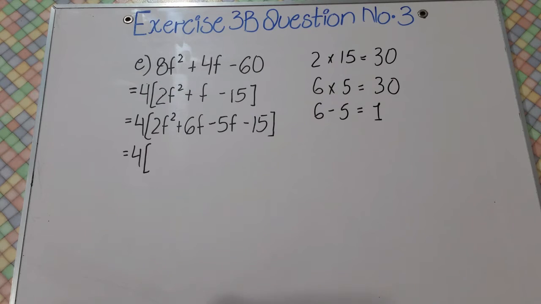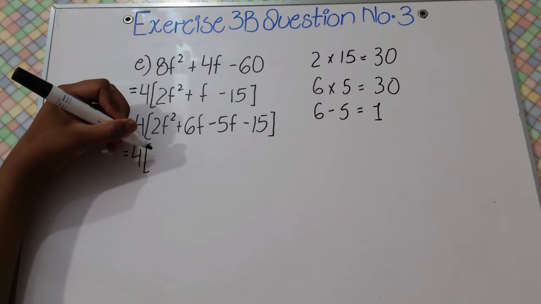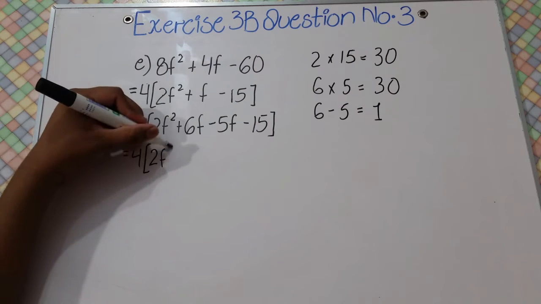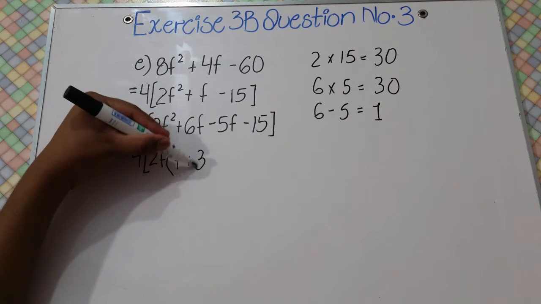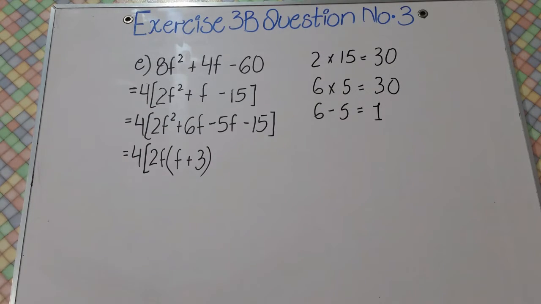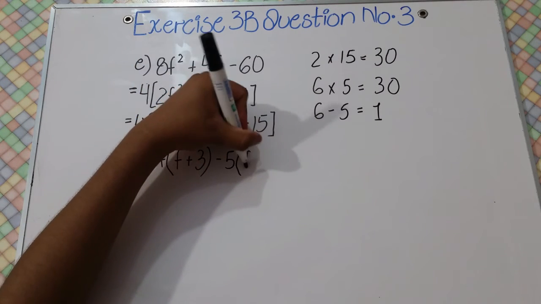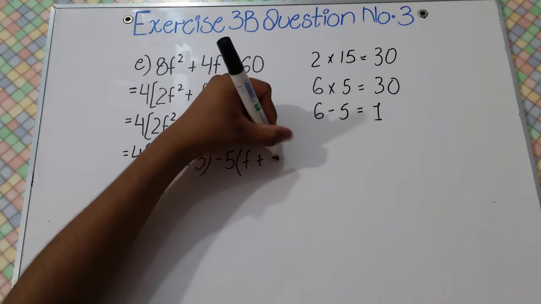I'm going to make the brackets. So over here the common would be 2 and f, so f inside, plus 3, then minus, over here the common would be 5, then f, minus minus plus, 5 threes are 15.